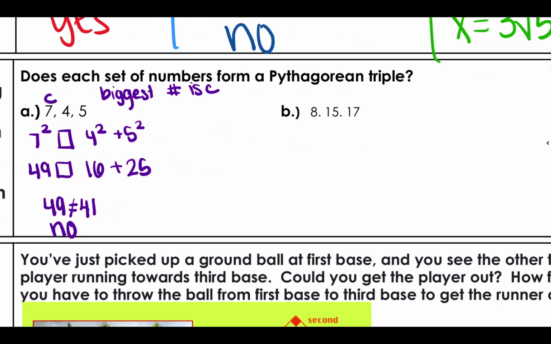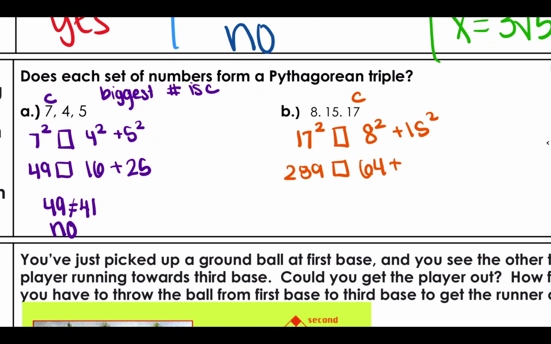Okay? B, again, remember our biggest number is our C. So 17 is our C. So 17 squared, I'm just going to put a little box because we don't know if it's equal yet or not, is equal to 8 squared plus 15 squared. 17 squared is 289, and we're going to see how that compares to 64 plus 225.